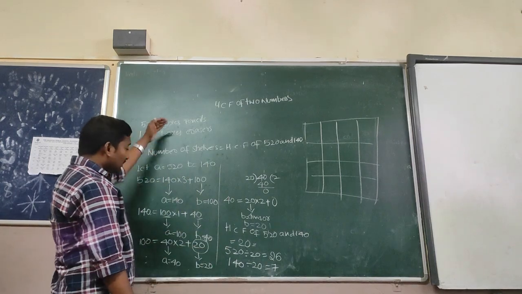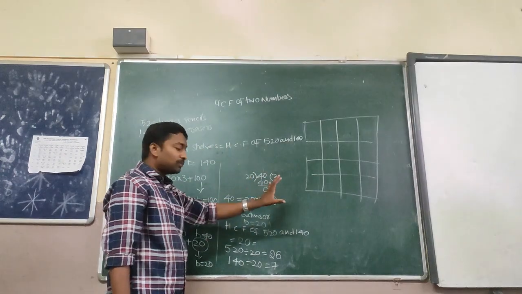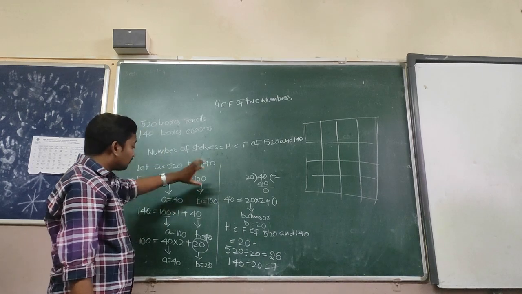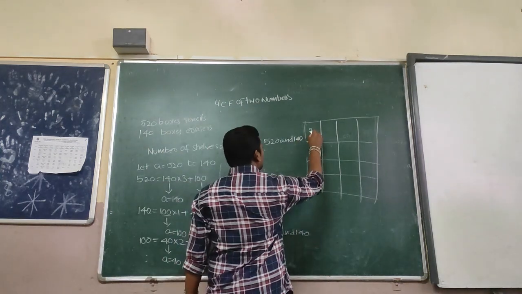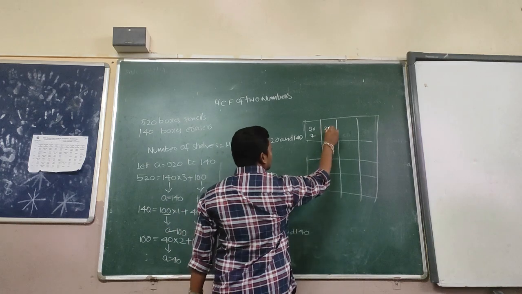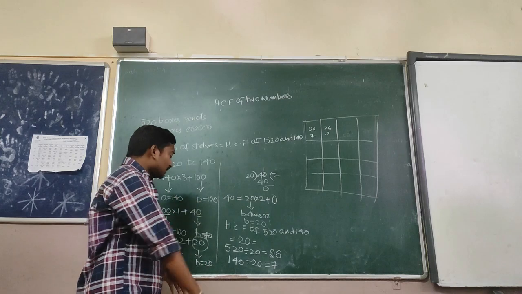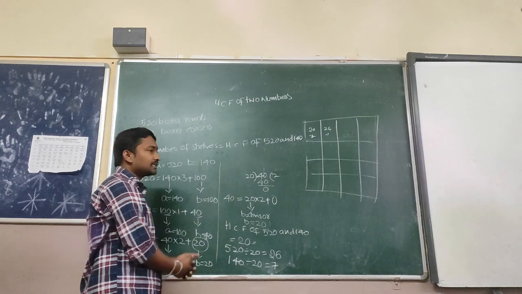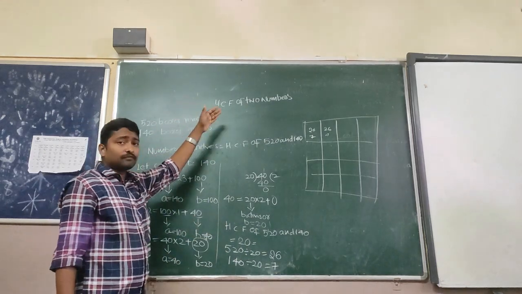So in each shelf he is going to place 7 boxes of erasers and 26 boxes of pencils. Now let's find out the process of how to calculate the HCF of two numbers.